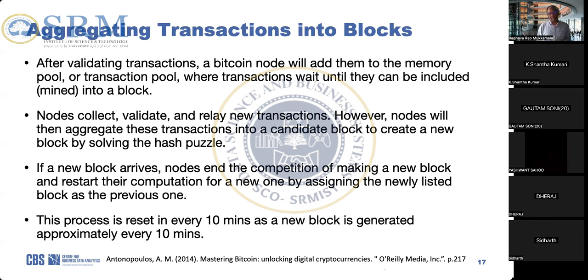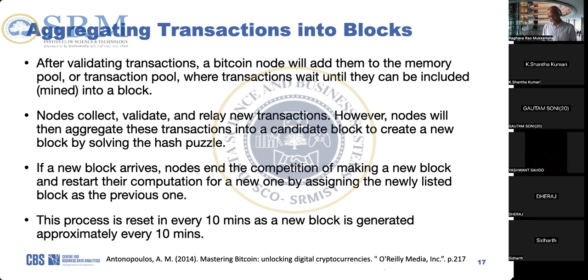So that's why whenever you see a new block, you dump all the block creation and start from scratch. Scratch means what? You update your transaction pool to say which are valid transactions. That means you remove all the transactions which are already part of this new block, keep only the unspent transactions, and then take some transactions from this unspent transaction pool and start making the block again.